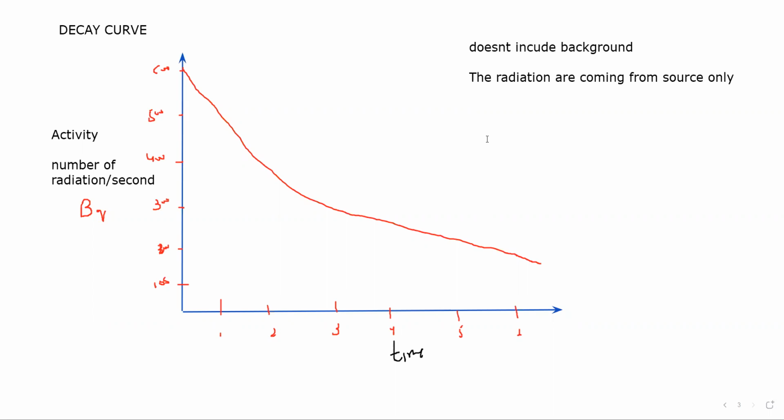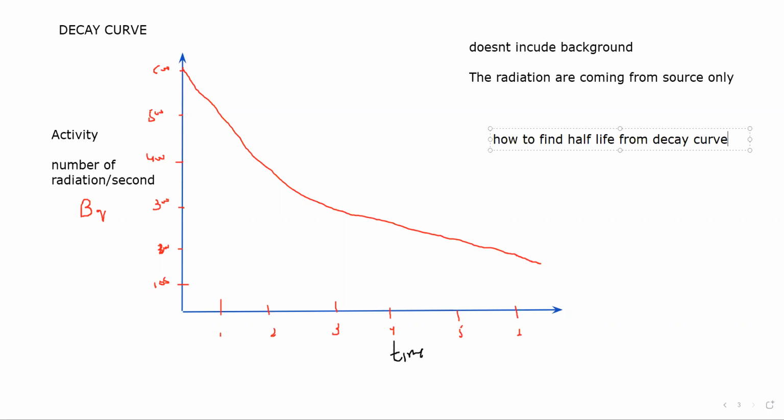Now, how do we find the half-life from the decay curve? These are the radiations from the source only.